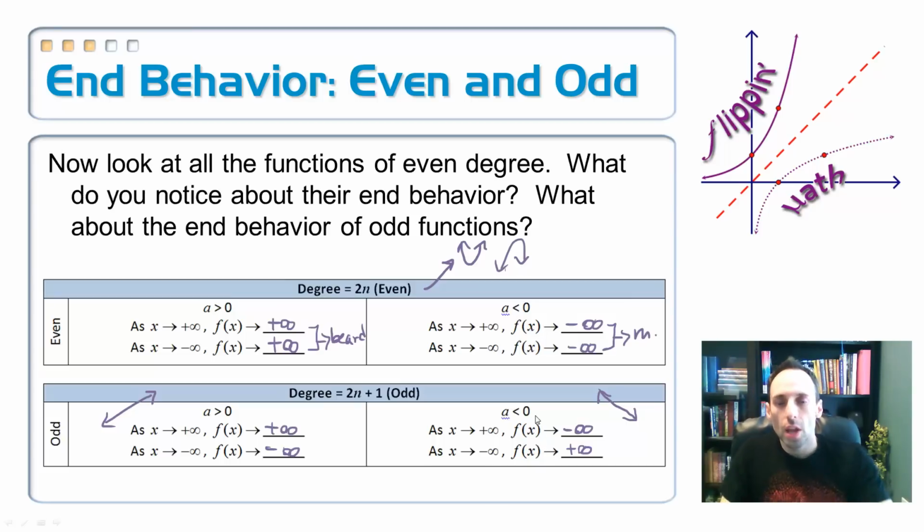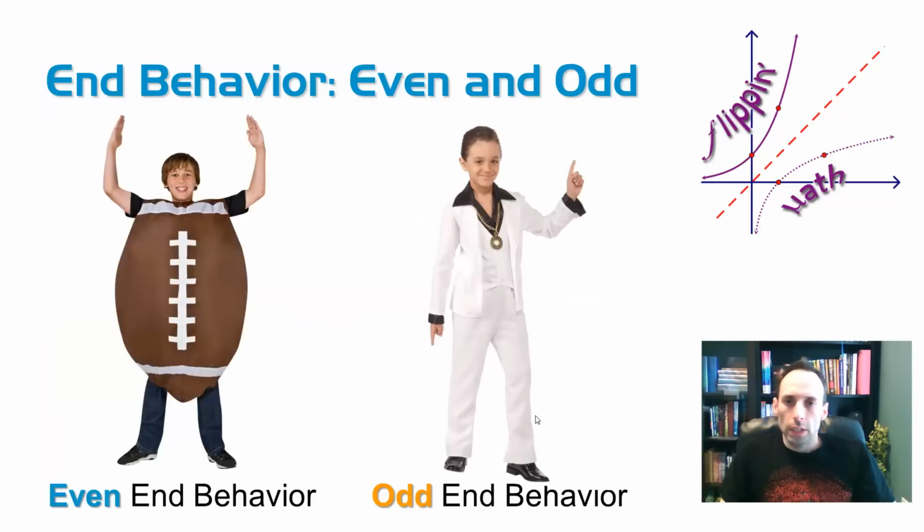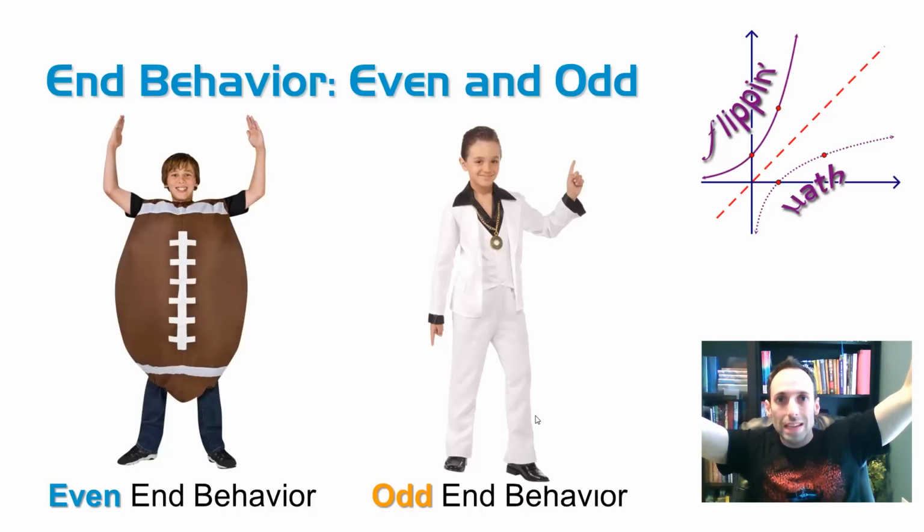Not too bad. So knowing those kinds of pieces of information can help us figure out what our graph is going to look like. And whenever we start graphing it, that's one of the first things that we're going to consider. Okay, so I want you to now relate this to even and odd like this. So even end behavior is like a referee, where you got yourself a touchdown or whatever it is. Touchdown, and that's even.